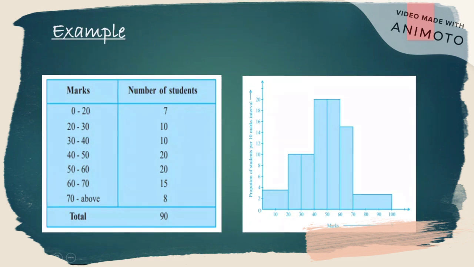And on the x-axis we will write class intervals. As the class intervals suggest, 0 to 20 is equal to 7 students, so we will make a rectangle or bar which will start from 0 to 20, and 0 to 20 will be the length and the height will be 7.